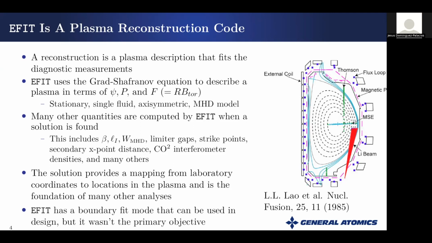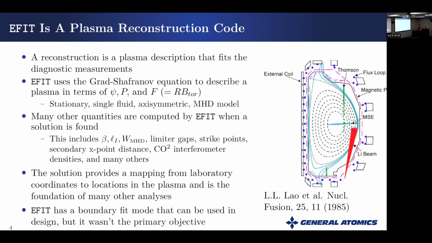That basically relates these three quantities. So if you know two, you could effectively use the Grad-Shafranov equation to solve for the third. But what we're doing in EFIT, we essentially don't know psi, p, or f, and we want to find all three of those variables consistently that fit the plasma measurements.